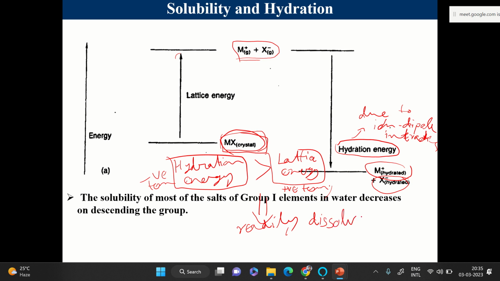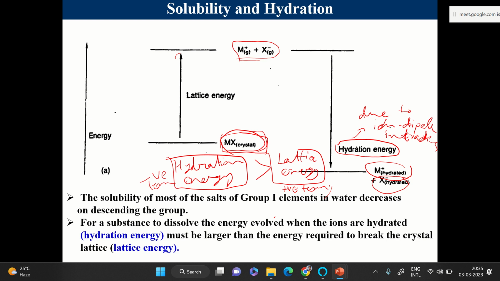If the situation is vice versa, lattice energy is more than the hydration energy, the substance may not dissolve. It is difficult to dissolve. So कोई चीज soluble है, insoluble है, वो इस साइकिल के बेसिस पे आप एक्सप्लेन कर सकते हैं.